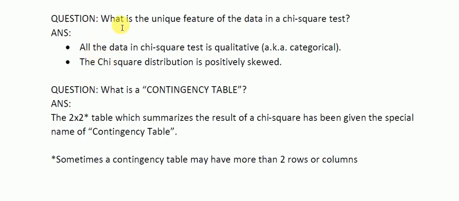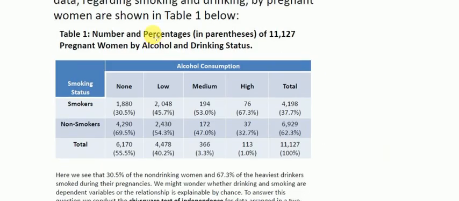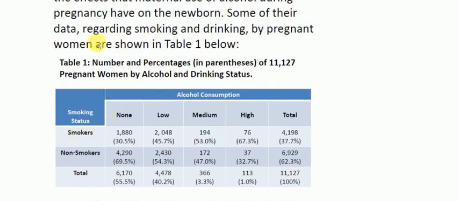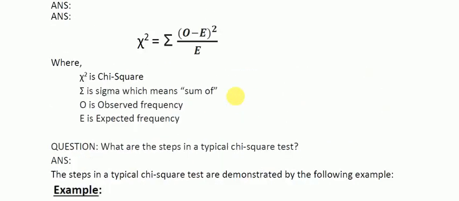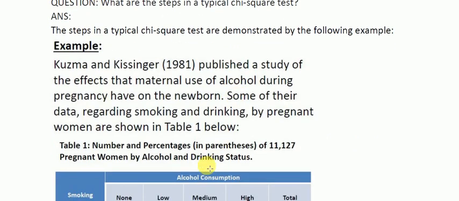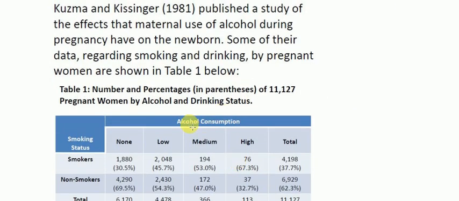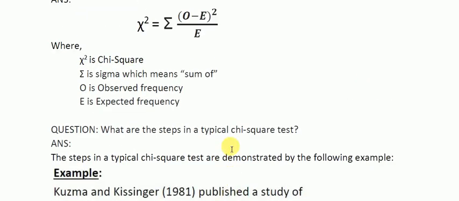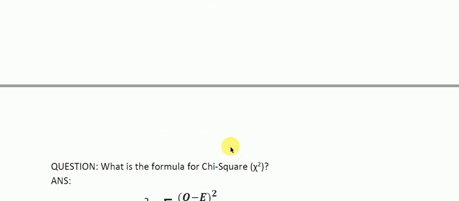In nominal, either a person is a smoker or isn't a smoker, but in ordinal we have a complete spectrum of things. Like for alcohol consumption, if we classify it as nominal data, we'll say a person is a drinker or a non-drinker. But if we classify it as an ordinal qualitative variable, we'll say none, low, medium, high. So we have a complete spectrum of things.